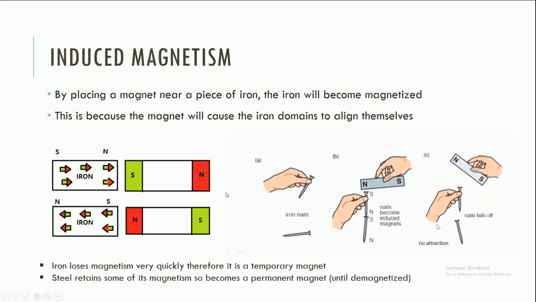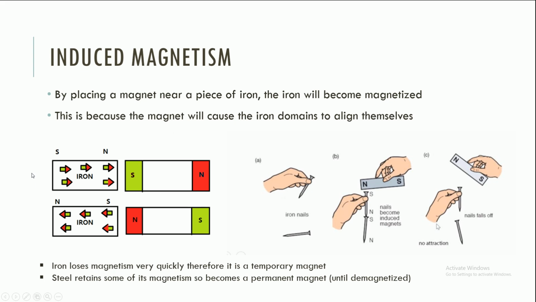So let's take a look at what induced magnetism is. By placing a magnet near a piece of iron, which I said again is ferromagnetic, the iron will become magnetized. This is because the magnet will cause the little domains in the iron to align themselves via the interaction of the magnetic field from the magnet.